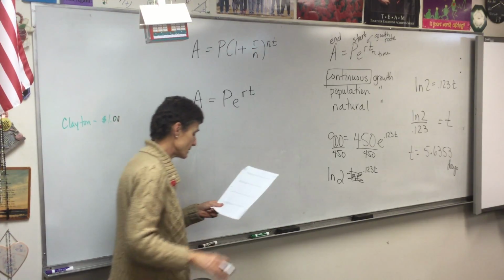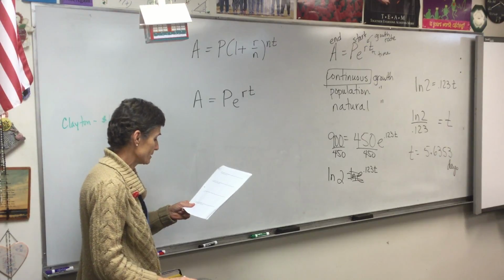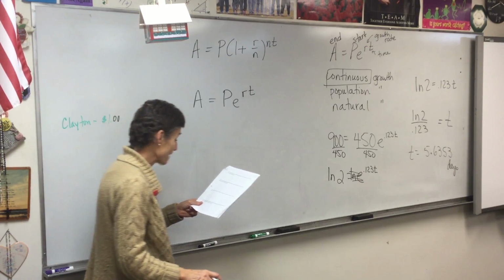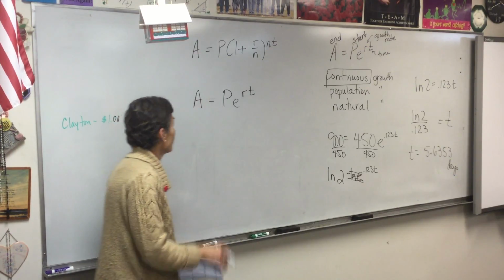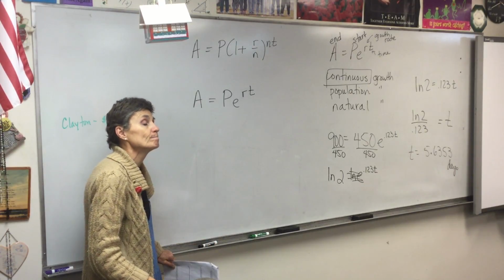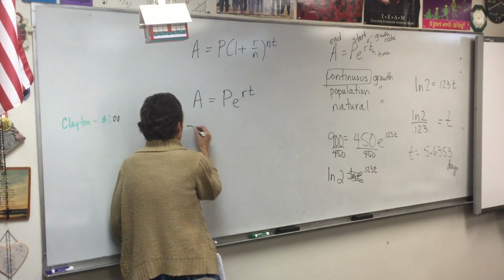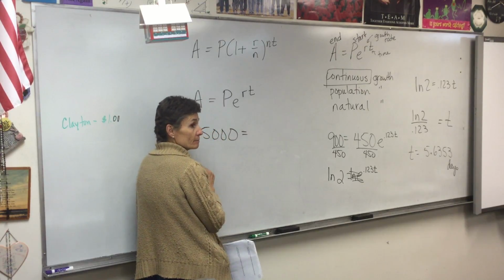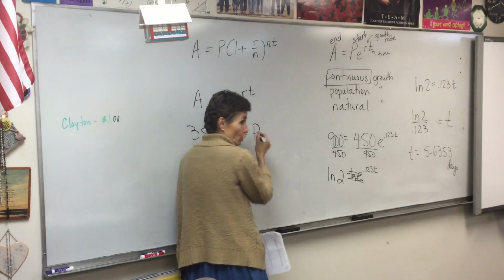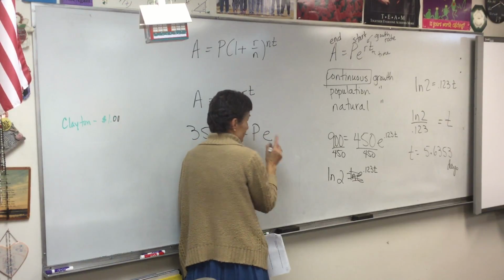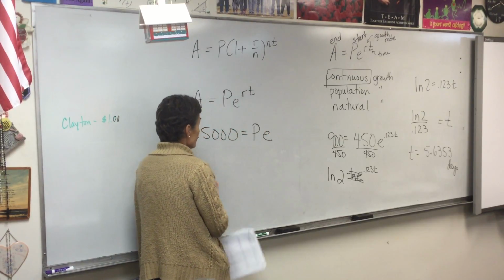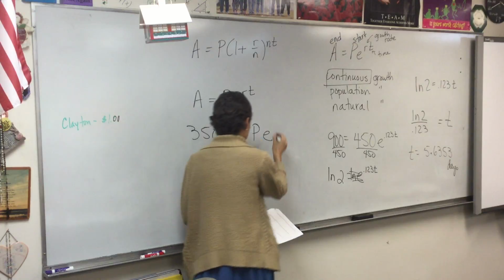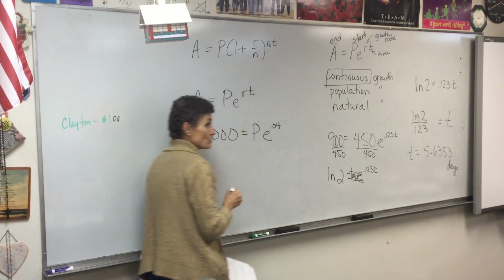All right, how much do I need to deposit, paying 4% if I want to have $35,000 in 10 years. All right, tell me where to put what? 35,000 goes in right here for A, right? There's no P, that is what I'm looking for. There's E. E goes in all the time. 0.04 is my interest rate.